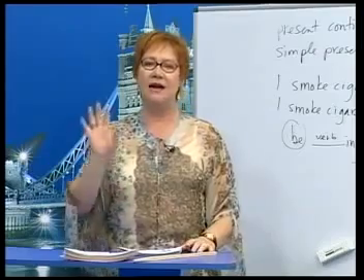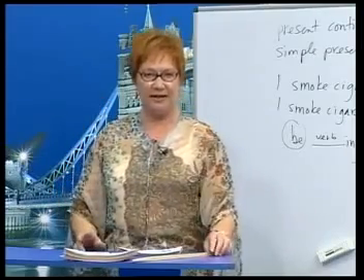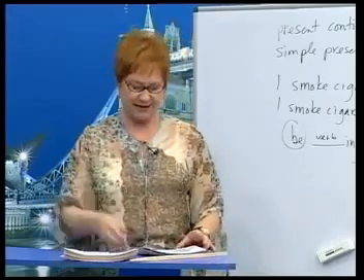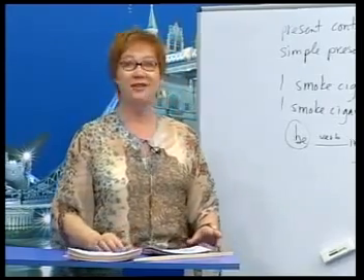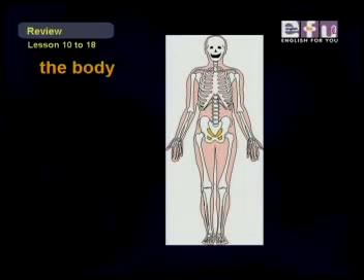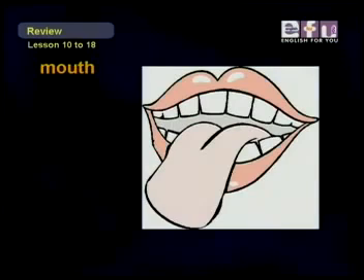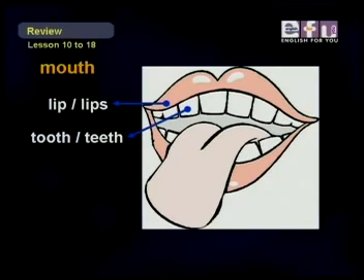All right. Now, let's change a little bit, and we're going to talk about the body. Now, let's look at the parts of the body quickly. You look on your screen and listen as I tell you what these things are. So this is the body first, the face, the mouth, the lips, one lip, two lips, one tooth, many teeth, the tongue.